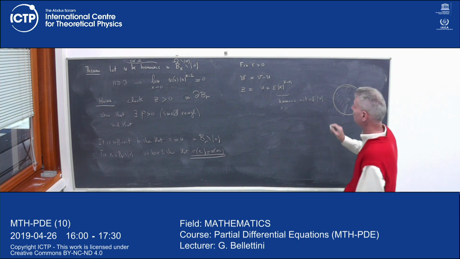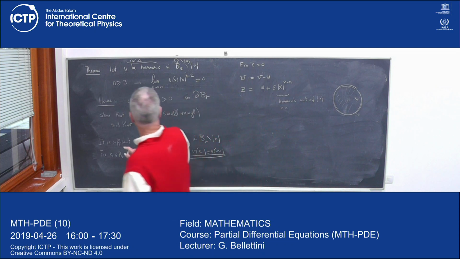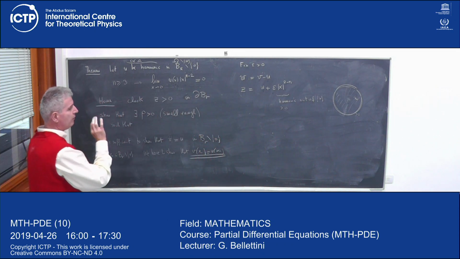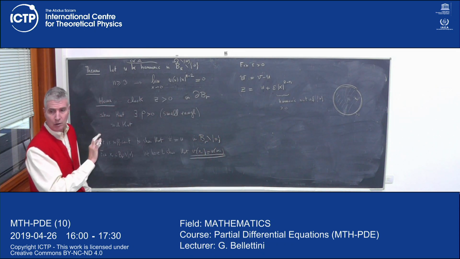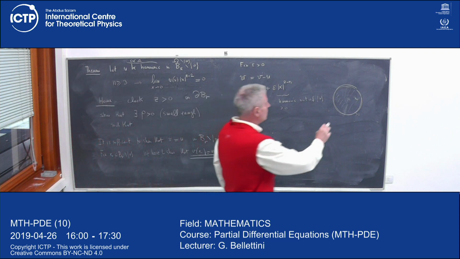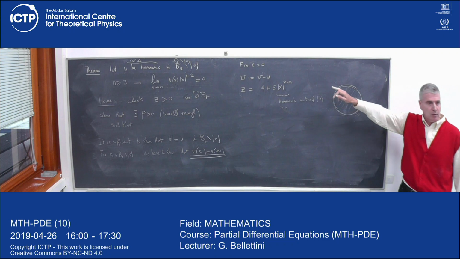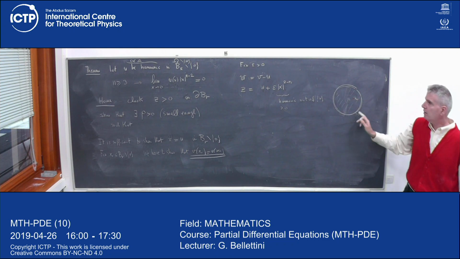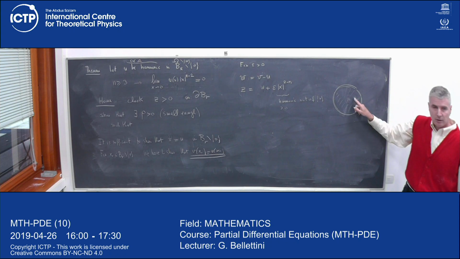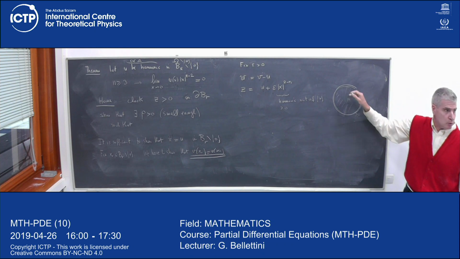So the situation was: fix x naught. I have erased, sorry, I have fixed x naught out of the origin, so somewhere here. Now define w like there, and z. So z is positive here, x naught has been fixed. Try to show that you can take rho sufficiently small such that, first of all, x naught is in the annulus.